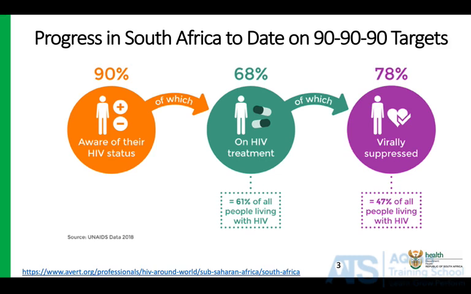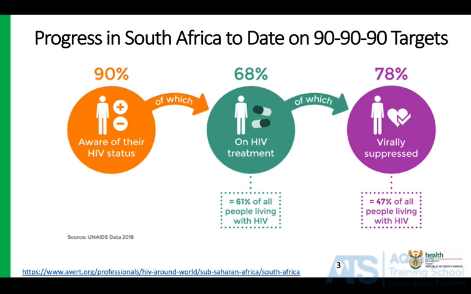We have to implement strategies for case finding and ensure that those who test positive are linked to care. 90% of patients who test positive must be put on ARVs. And we have to create programs to support patients on treatment, ensure that they are retained in care and they are virologically suppressed, which is the third 90.